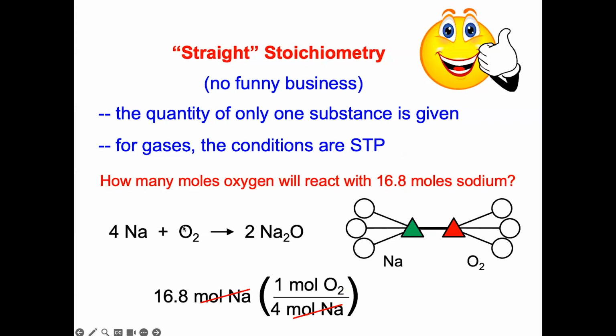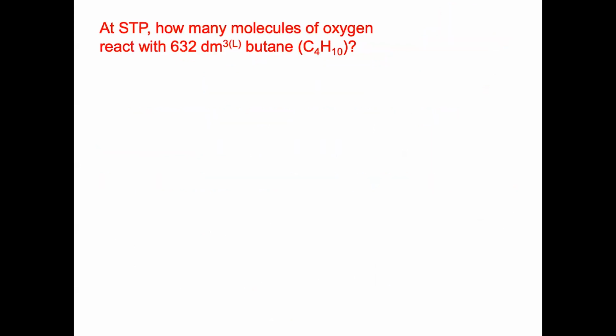So how many moles of oxygen? We know it's a 4-to-1 ratio, correct? So if you have 16.8, then you're going to use 1/4 of this for oxygen to react to get 2 sodium oxide here, correct? That's why we get 4.2 moles of oxygen here, okay?